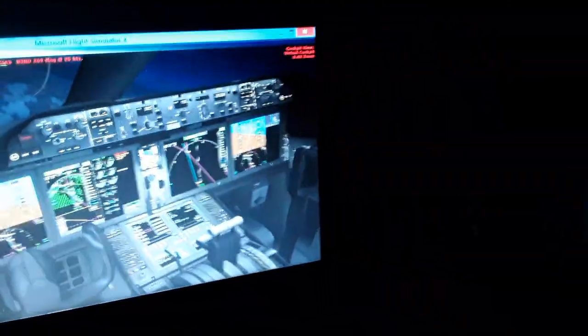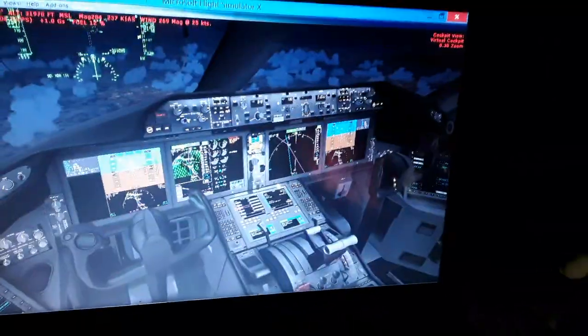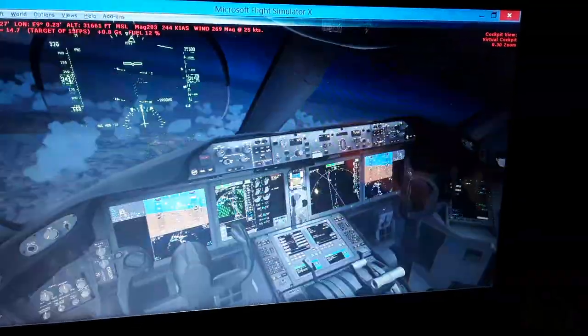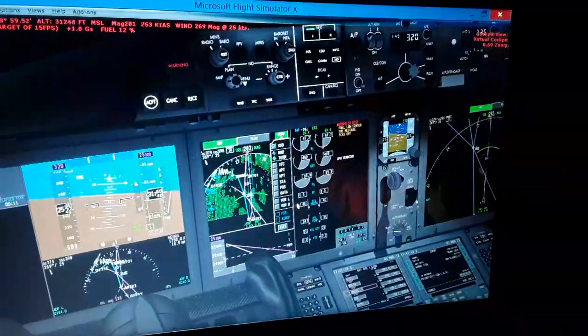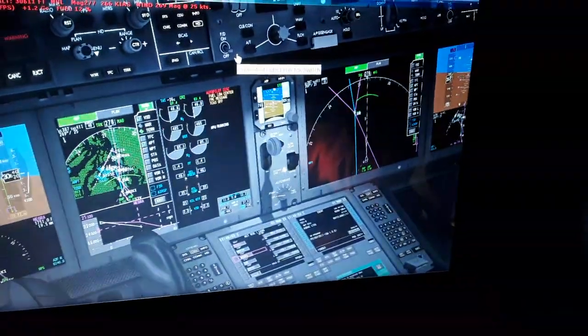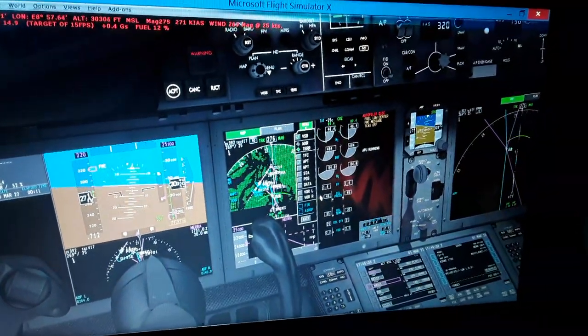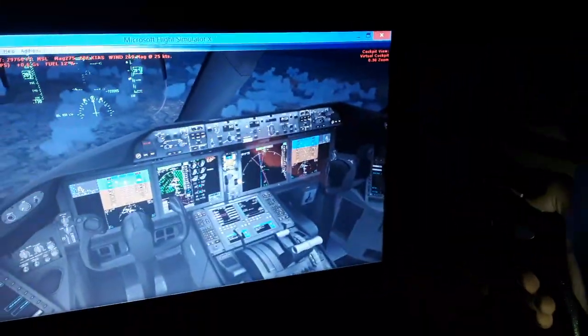So we have 6 more minutes left to adjust the thrust here for descent. Initiate the descent. And we have 6 more minutes left for this flight.